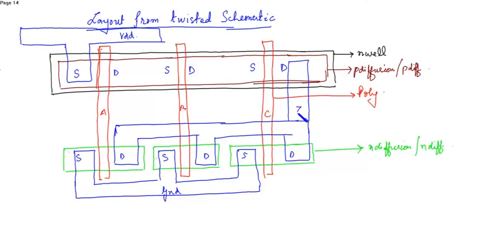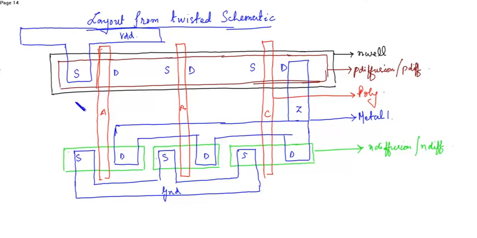This is the output Z. This is metal 1. This is the layout from the twisted schematic diagram.